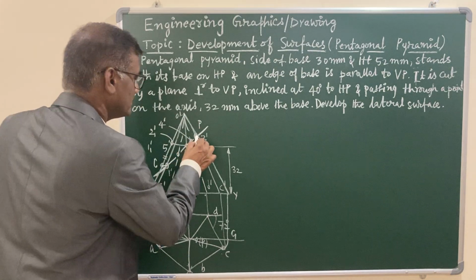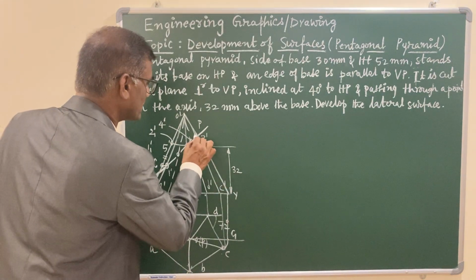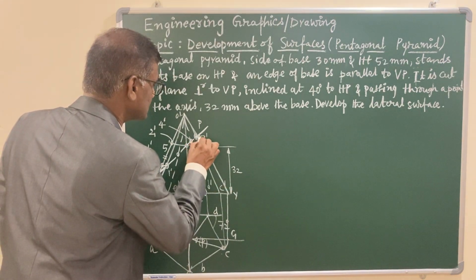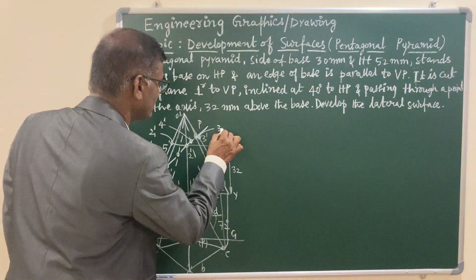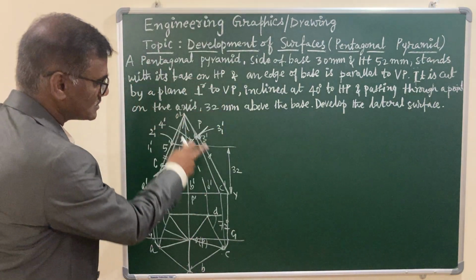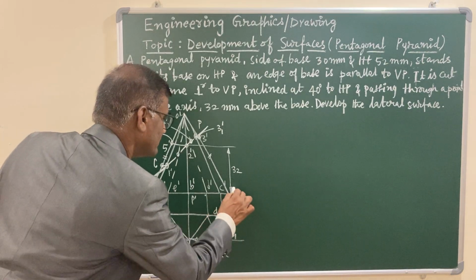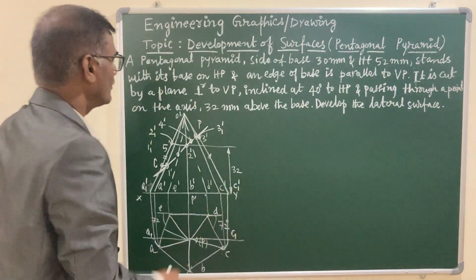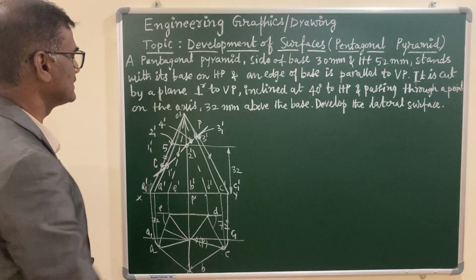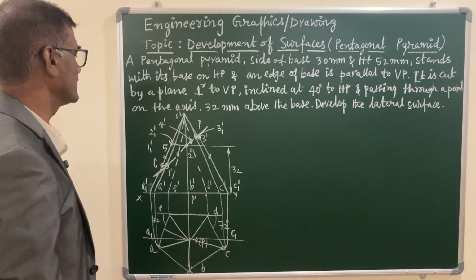And 3, because it's nearer to the right edge, you can draw a horizontal line, and this point you can call 3 1 prime. And this is also O prime C1 prime. O prime C1 prime is also true length, and 3 1 prime is on the true length.